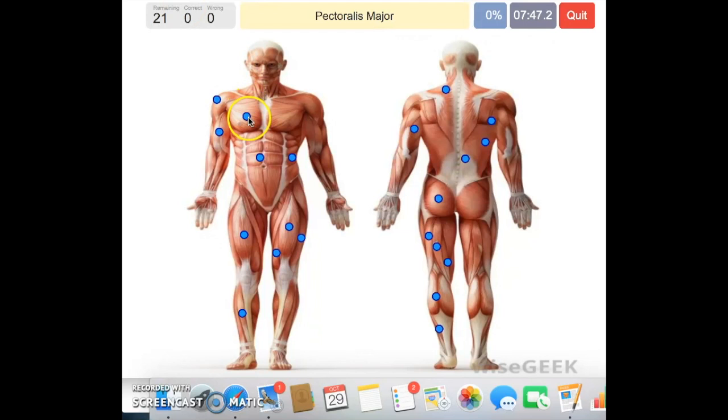Pectoralis major. Semitendinosus. Soleus. Gastrocnemius. Vastus medialis.